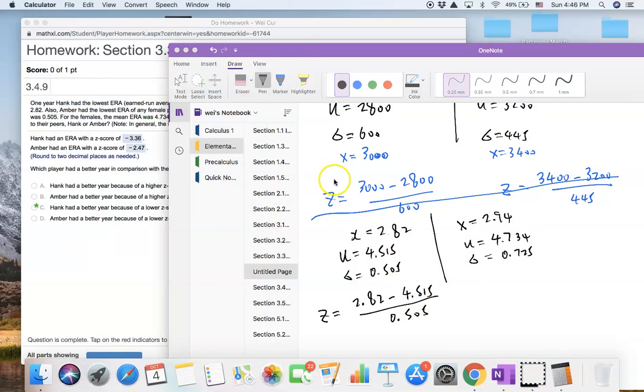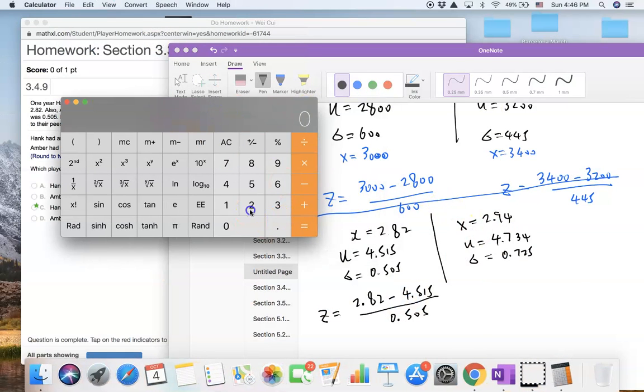So 2.82 minus 4.515 and divided by 0.505. That is a negative 3.36. We keep 2 decimal places.